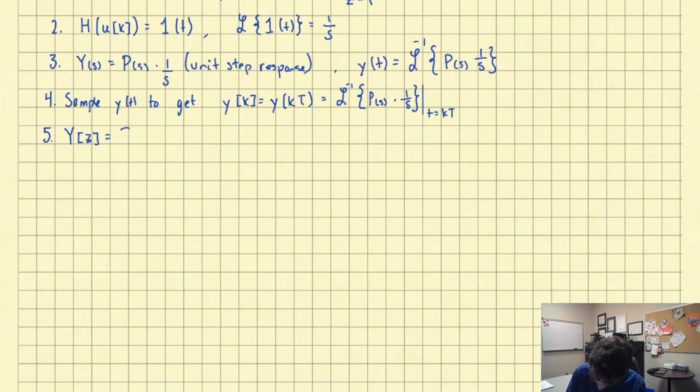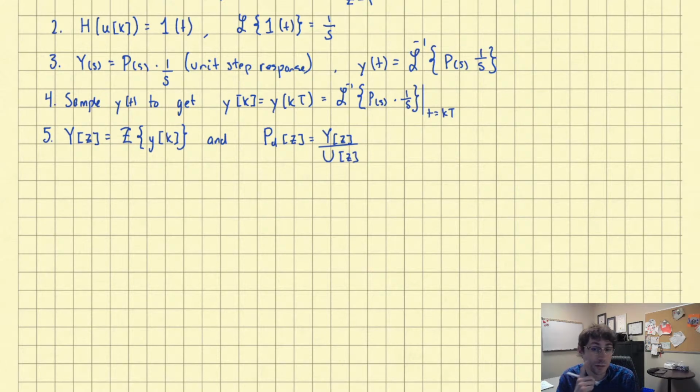So y of z is the z transform of y of k, which is that expression from step 4. And we get the transfer function, right, the ratio of those two transforms.